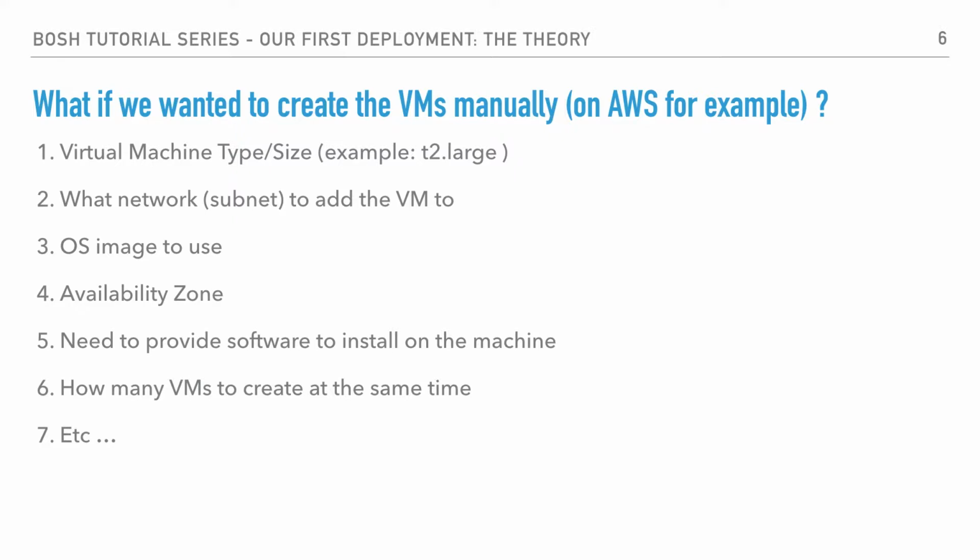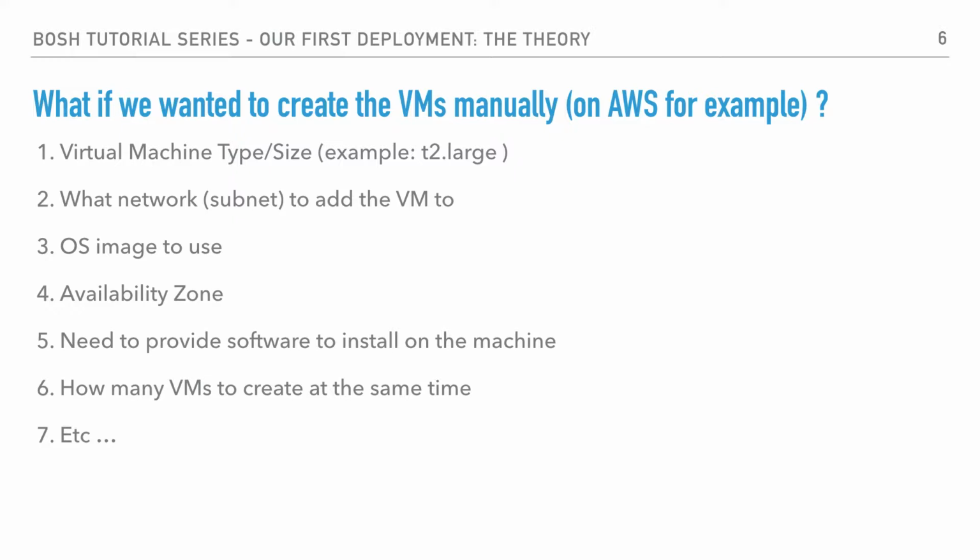Number 1, we want the virtual machine type for those VMs. Maybe we need all of them T2 large or T2 small, or mix and match. We also want to have a subnet, so that we tell the VM which subnet to be included in.